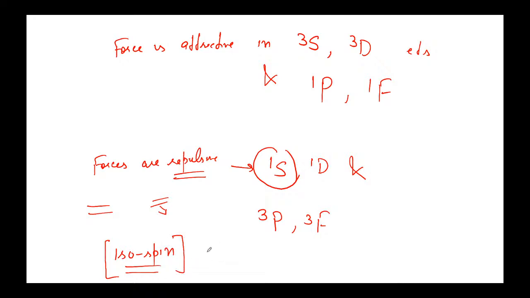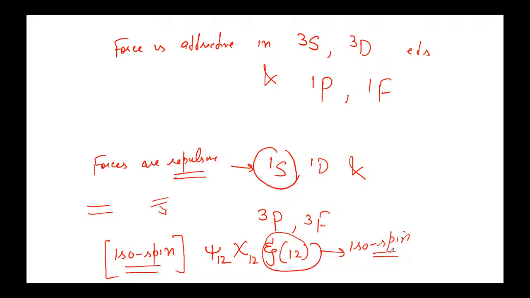So in total there are three types of exchanges happening. One is the position coordinate, which exchanges the positions of the two nucleons. Second is the spin coordinate, and third is the isospin coordinate. This represents how the isospin of the nucleons is exchanged when they interact, and we will discuss this in our coming lectures.